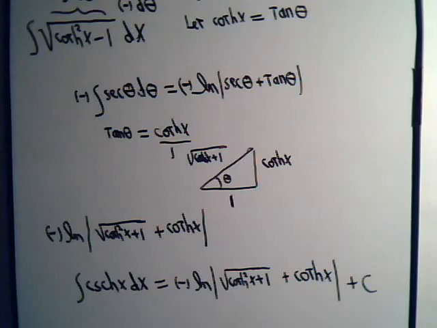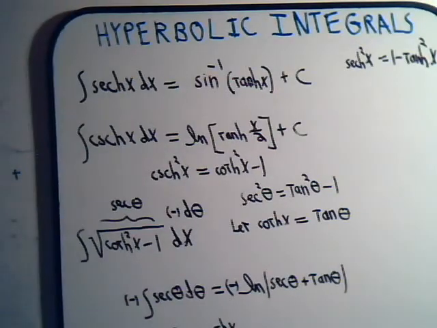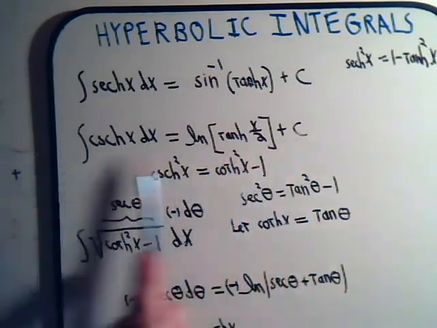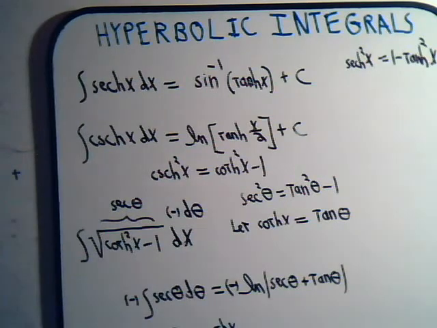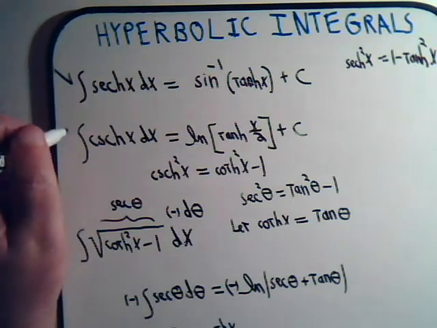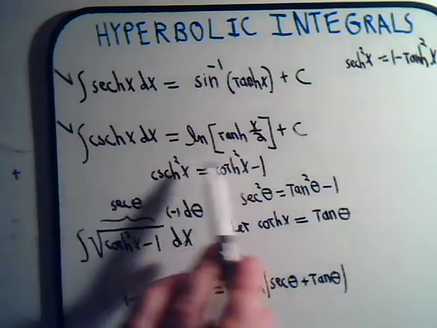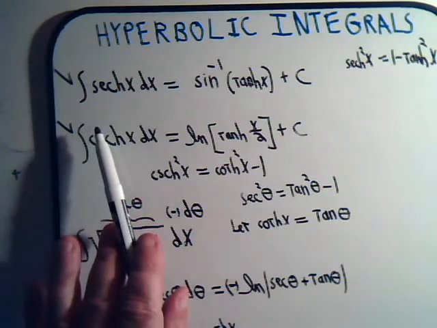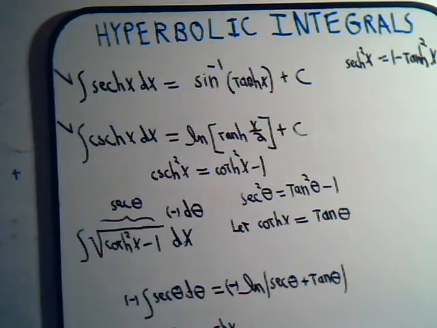And obviously this answer here is entirely different than this answer here. And again, if you look up integral tables, these here are the answers you're most likely to see. What we want to stress is that sometimes when you're trying to solve an integral and there are multiple approaches available to you, they might give you different expressions.